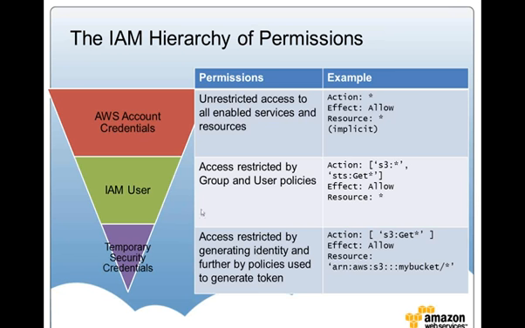As you create IAM users, they get restricted by group and user level policies that you might set. Specifically, you could imagine wanting an IAM user that only has full control of S3 and can generate tokens for others to allow some level of access to S3.